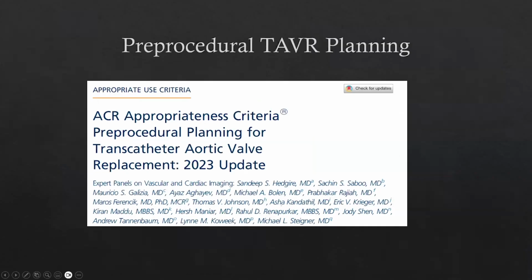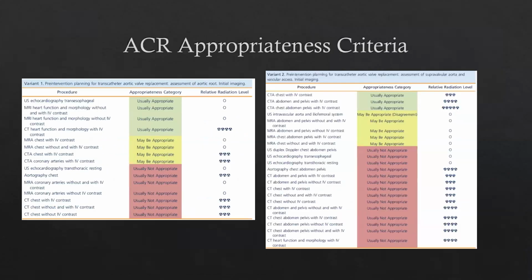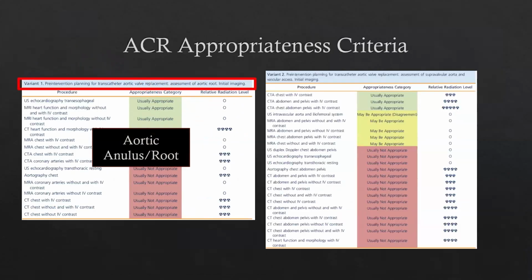So for the next few slides, I'm going to describe a high-level overview of what pre-procedural CT aims to accomplish, starting with the ACR appropriateness criteria published in 2023 as a general framework. There are two broad categories of pre-intervention imaging.